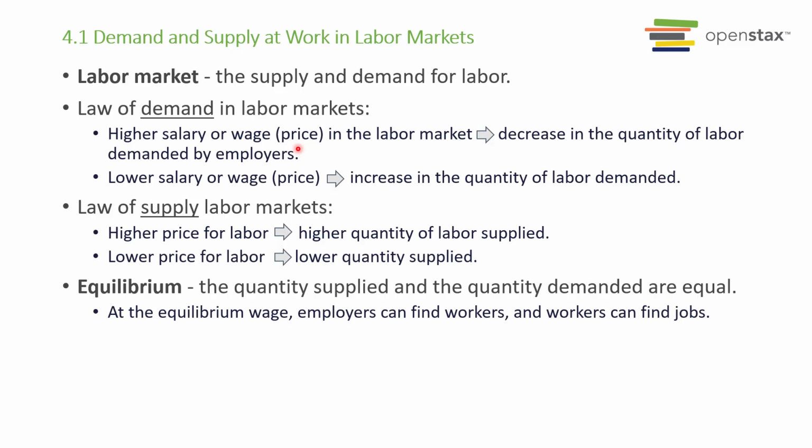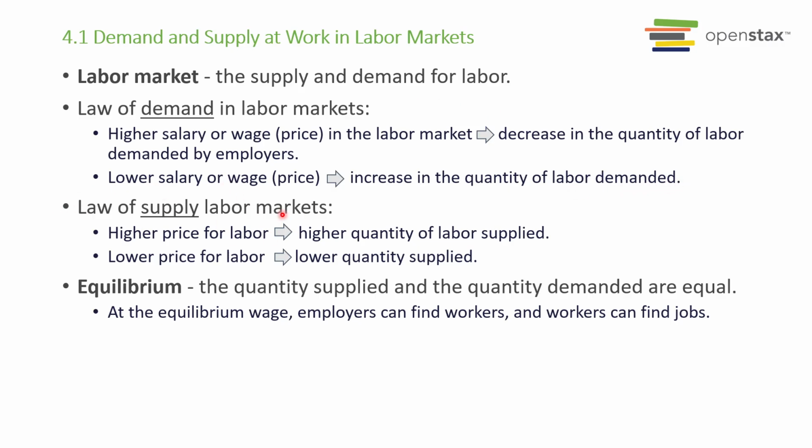Likewise, if someone comes to you and wants to do a really, really good job, or you know that they can do a really, really good job, and they don't really have this high demand for a high salary, you're going to be more inclined to hire them. And that's essentially the law of demand in practice: higher salary or wages in the labor market result in a decrease in the quantity of labor demanded by employers. And vice versa, a lower salary or wage will actually end up increasing the quantity of labor demanded.